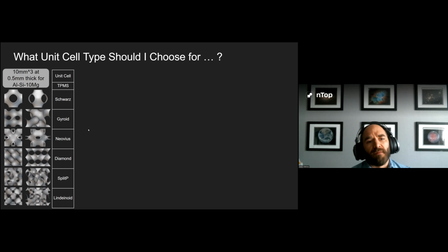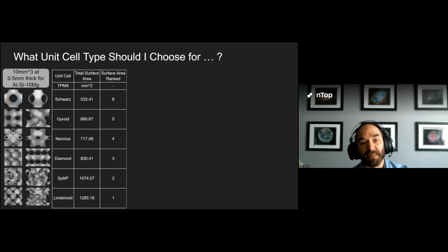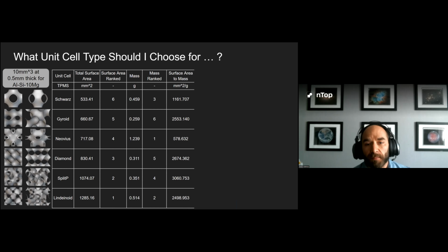We can start to evaluate these parameters. Now, the first one we care about with a heat exchanger is surface area. The lindenoid here at the bottom gives us the most amount of surface area, a little less than twice that of the gyroid, for example. But that's not the only important factor. In aerospace and defense, the mass is hugely important.